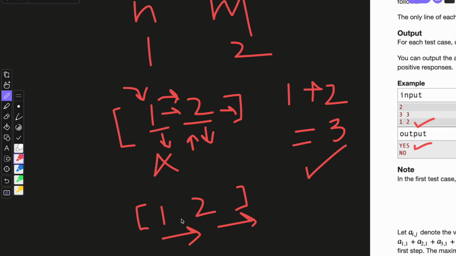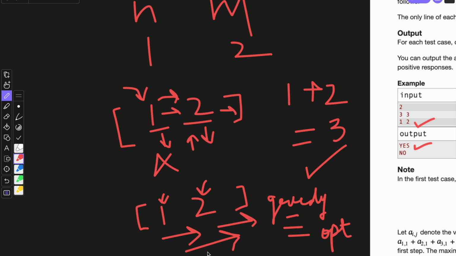We can only go in this direction. So it doesn't matter what number is here, we would always be able to confirm that the greedy sum would always be equal to the optimal sum, because there is only one direction in which we can go.